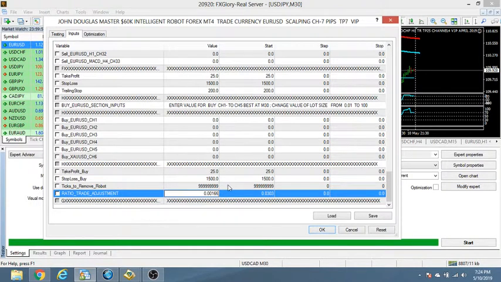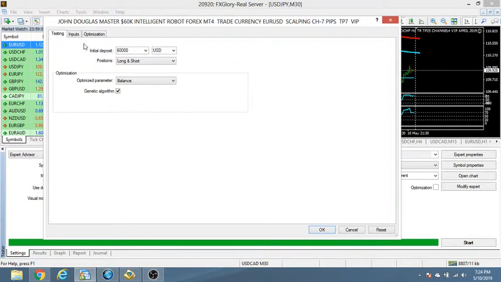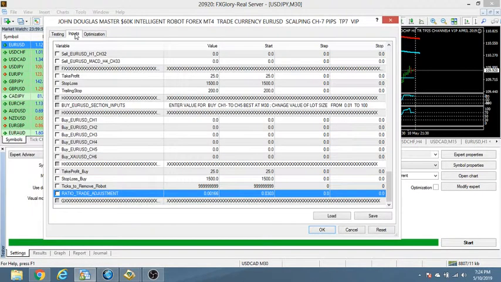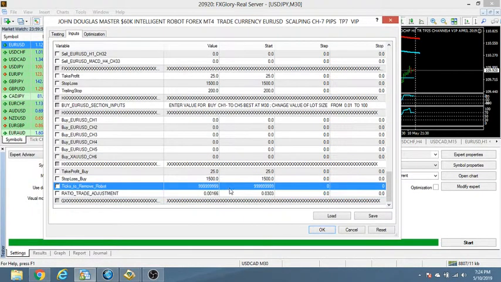So you take 100 divided by $60,000, and the fraction is 0.0016. That is the fraction of 0.1. Then you enter that fraction here, 0.00166, and your robot will start with 0.1.